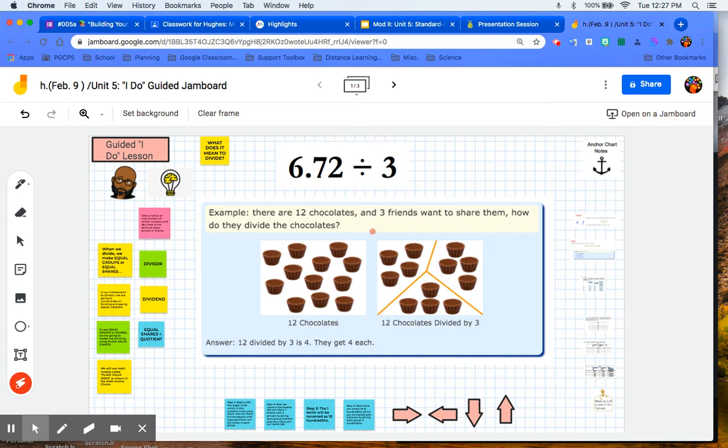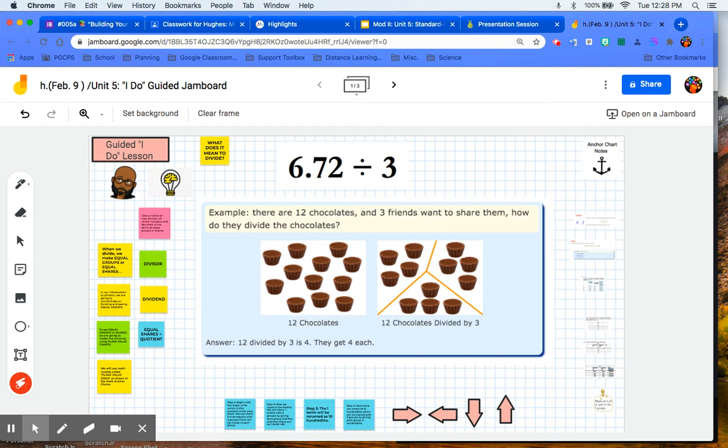As you can see in the model, if there are 3 friends and you have 12 pieces of chocolate, each person gets a group of 4 chocolates, and it's equal. You can't have 5 pieces of chocolate while your friend has 4. They're going to look at you sideways, like, what kind of friend are you? You get 5 and you're only giving me 4?